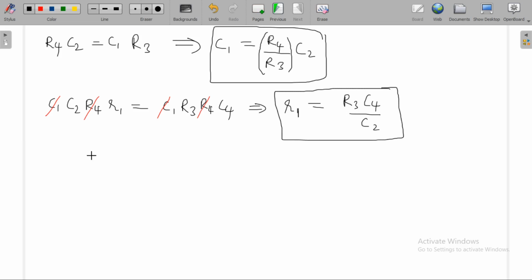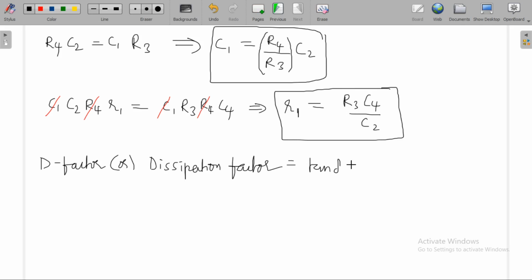Now let us find the dissipation factor. D factor or dissipation factor is equal to tan delta, which is equal to omega C1 R1. Which is equal to omega, what is C1?